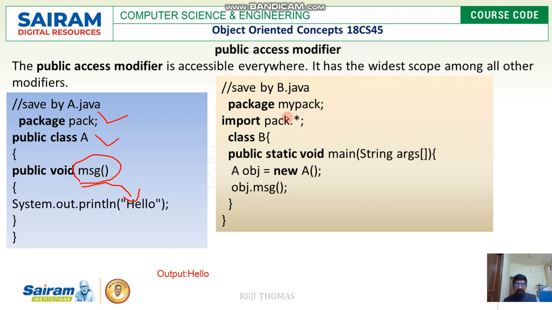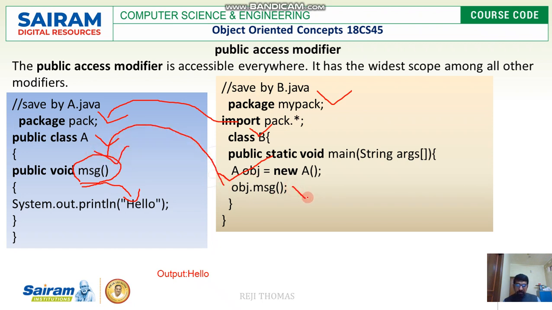Now let us see the second package called mypack, where I'm going to import all the classes from the other package called pack. There is a class called B, where I'm going to create an object of class A. I'm not creating an object of class B, I'm going to create an object of class A. Now using this object, I'm going to access the method which is there in class A. The method is MSG.